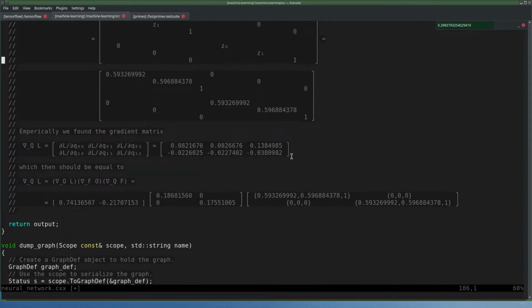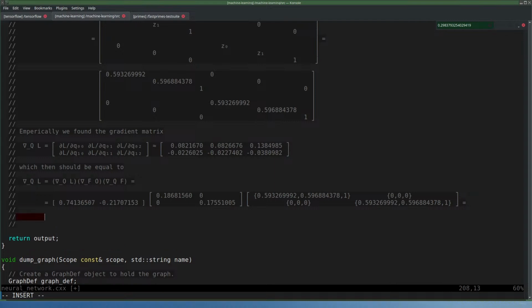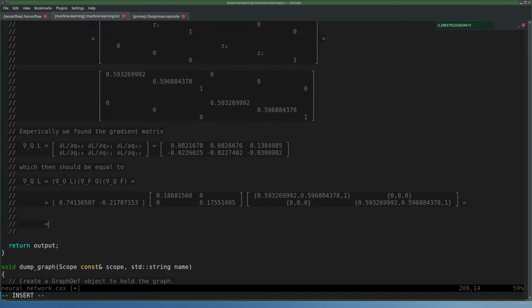How do we do this calculation? I'm just going to guess that it is equal to, so I should get 2x3.